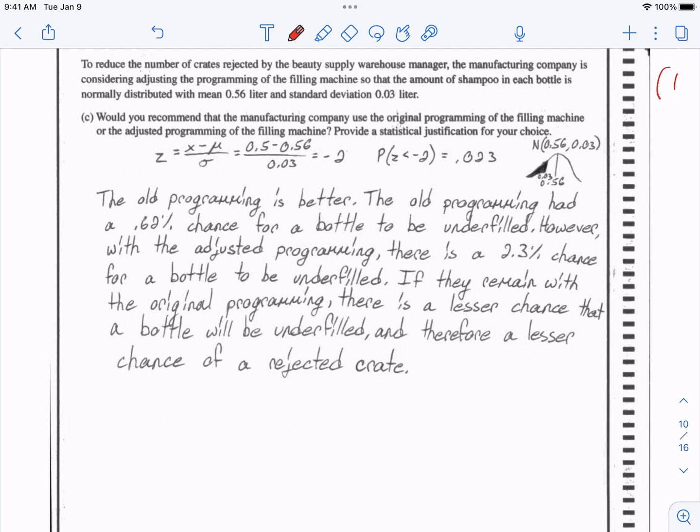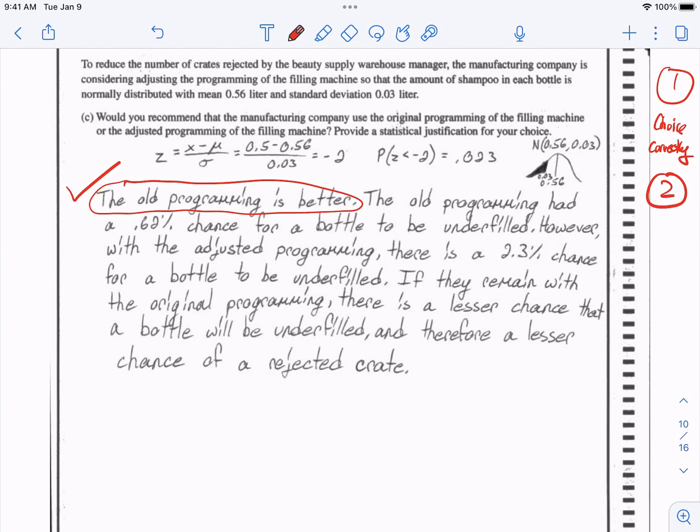They only have to have 2 things here to get full credit. The first one is they have to make the right choice. And the correct choice is to keep the old one. And so they had to make a choice correctly, and then they had to give a reason. It says, provide a statistical justification for your choice.